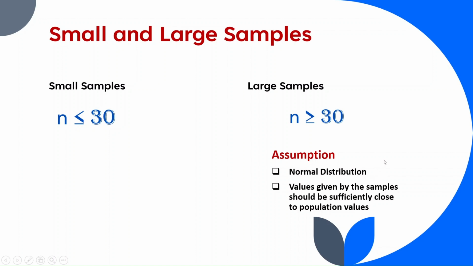First, data should be normally distributed, and second, the values given by the sample should be sufficiently close to population values. Simply, on the basis of sample results, we talk about the whole population. Due to these assumptions, different tests are applicable for small samples and large samples.